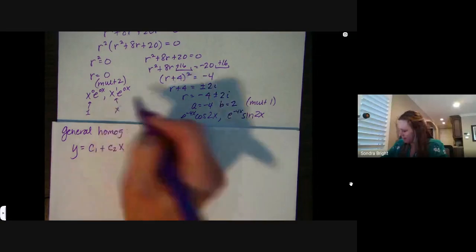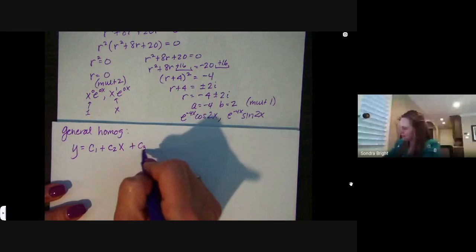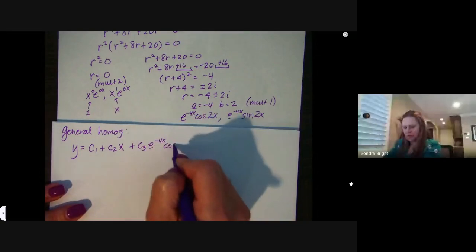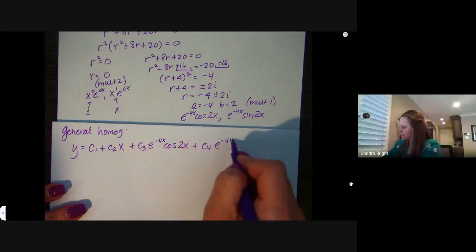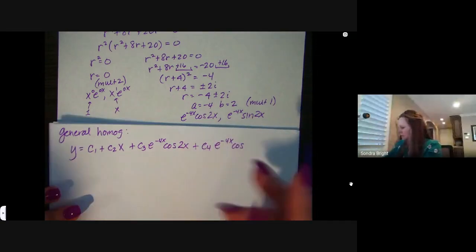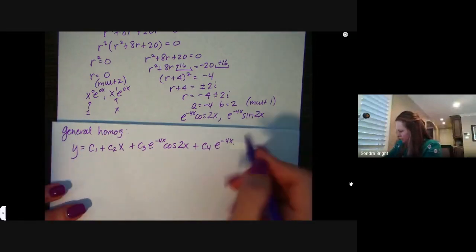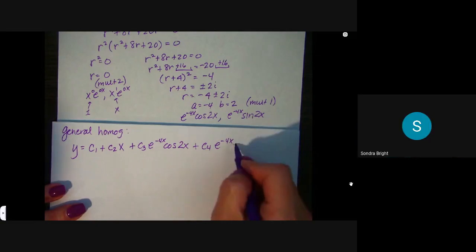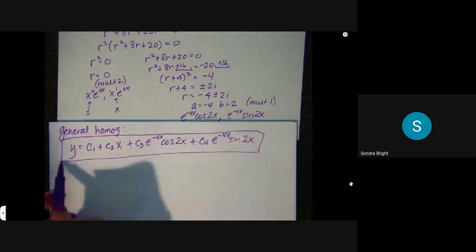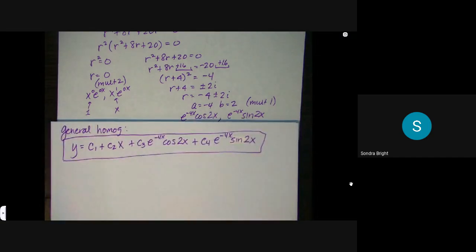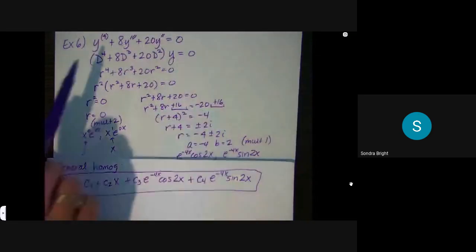And then plus C3 e to the negative 4x cosine of 2x plus C4 e to the negative 4x cosine, not cosine this time, it's sine. Got this? Sine 2x. There's your general homogeneous solution to that differential equation.